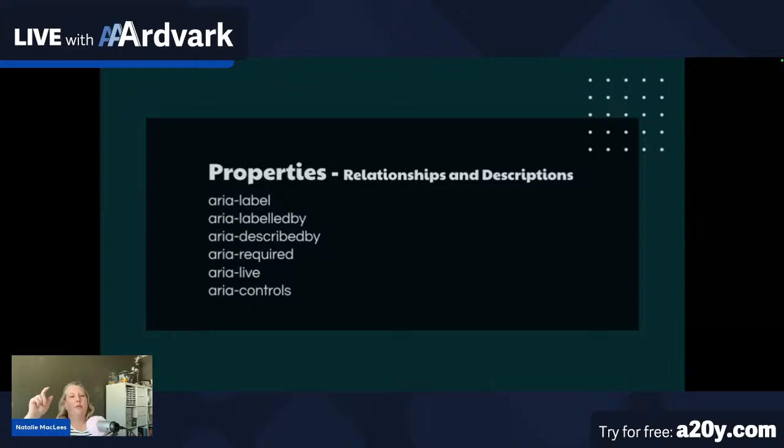So on the button, I would say ARIA controls and put the ID of the information panel that it toggles, so that now that relationship is in the code. Now at the code level I can understand, oh, this button is related to this panel because it controls whether or not it's open or closed. So we'll use ARIA controls for that.